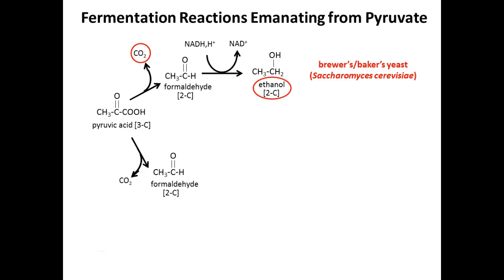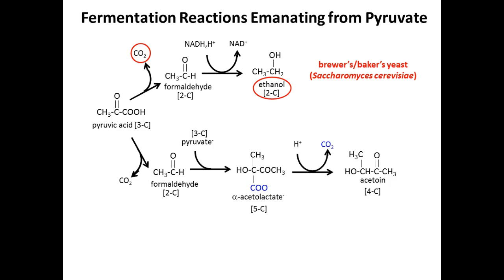Another option is, again, remove carbon dioxide and form acetaldehyde, but then actually add a pyruvate to it, and you form, can't say these names. Acetolactate. There you go. 5-carbon, again, acid. That can later, you can add protons to it and release a carbon dioxide molecule and form acetoin.